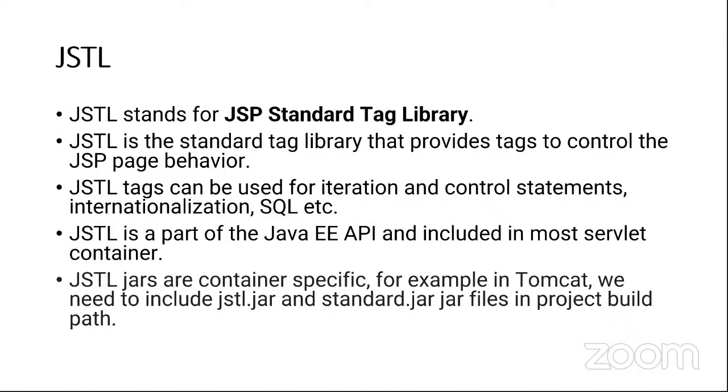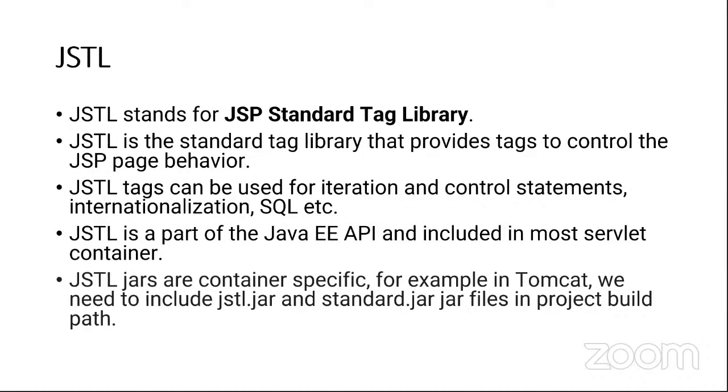And also the XML part. Of course, we are not going to discuss all the tag libraries. I'll be discussing a core library, formatting, and the SQL library also. So three types of JSTL tag libraries we are going to discuss.